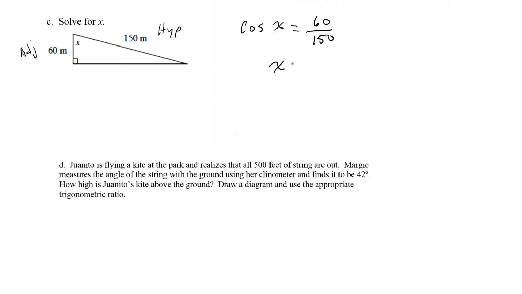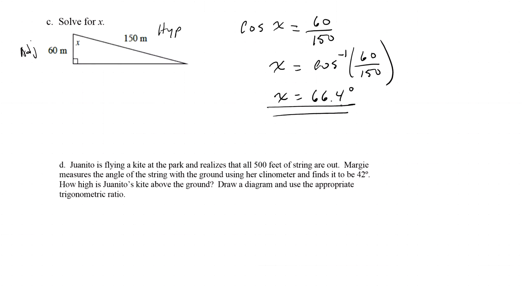So x equals inverse cosine of 60 divided by 150. And so x would equal 66.4 degrees. And that would be our angle.